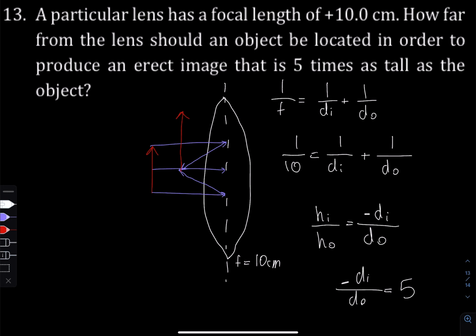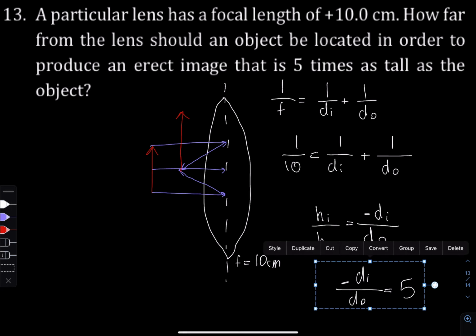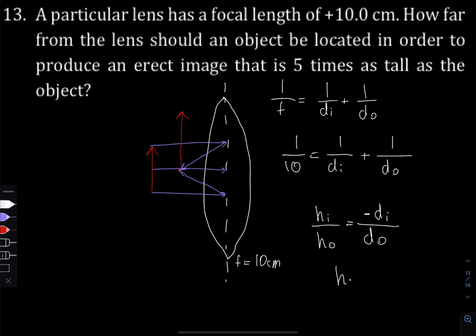And specifically, the image should be upright. And we realize that upright images in this equation are positive. And actually, this should be height because we're talking about height. So if that must be 5, then we put 5 here.